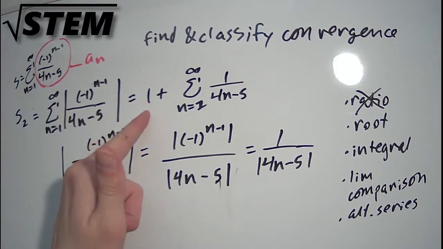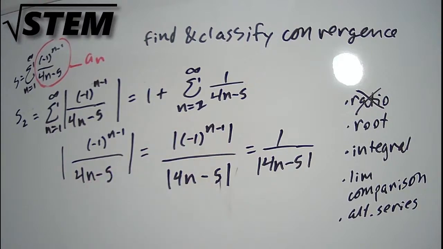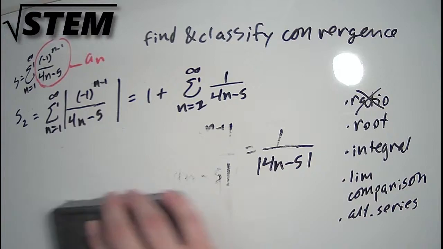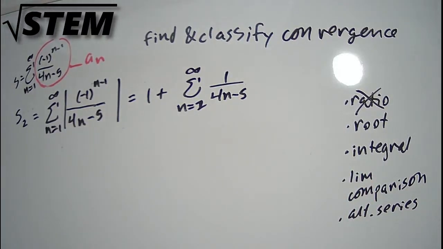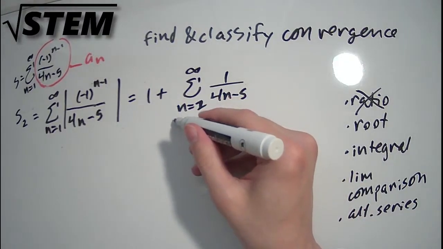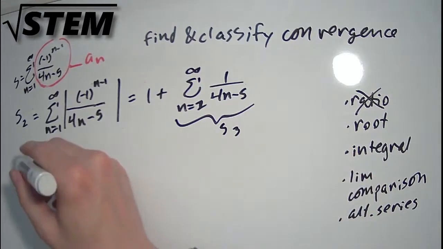We need to take the absolute value of that and put it in front, and then we can work with the rest of the sums starting at 2. So really now we want to see if this converges, so we'll say that's S3.